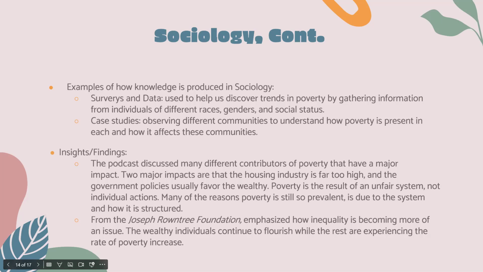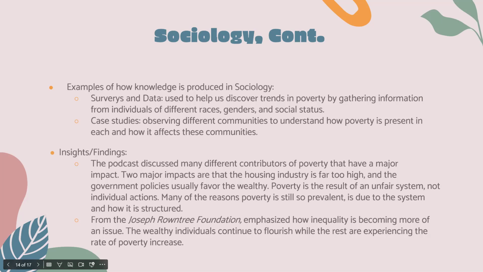So, some insights and findings from the podcast that we were given. This discussed a lot of different contributors of poverty that have major impacts. Two of the major ones from the podcast were the housing industry and that it is far too high, which makes it difficult for individuals to find good housing, and then all their money is going to the housing, and it doesn't leave much else.